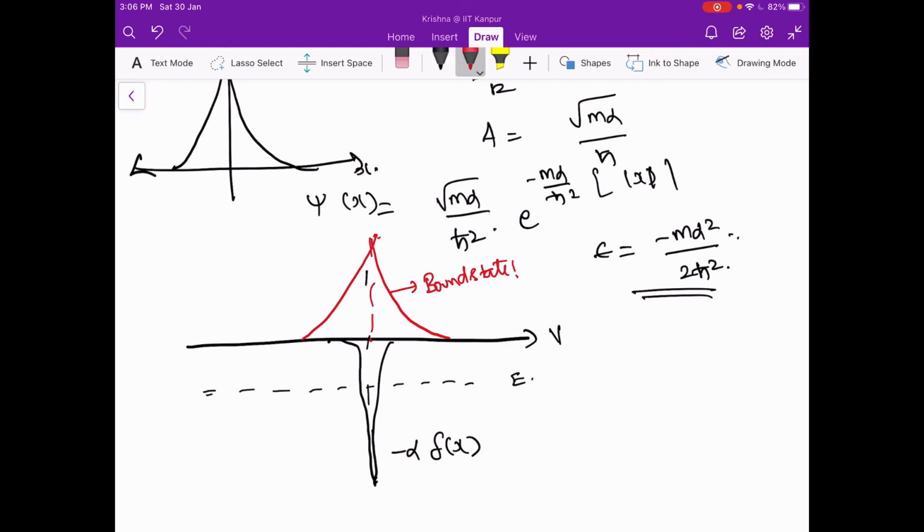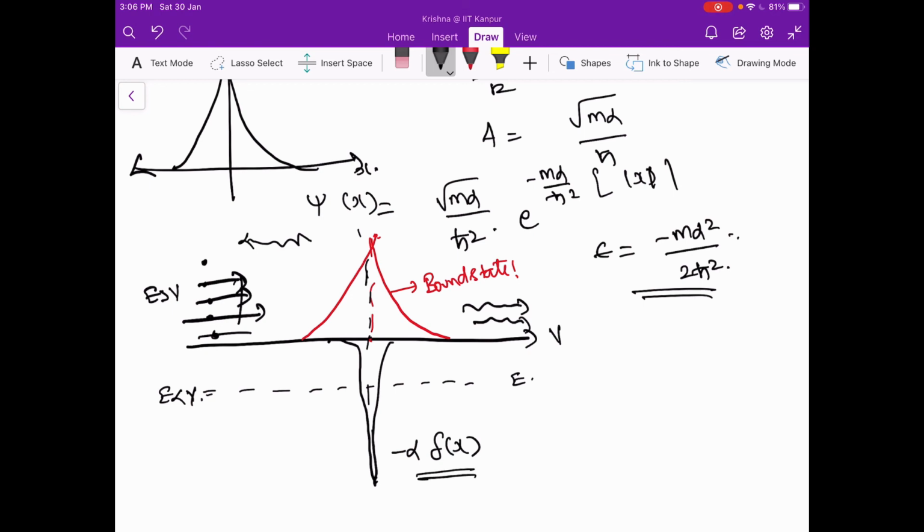And if we have energies greater than the potential, so this is E lesser than V, and for E greater than V, you have infinitely many solutions. You can have many plane waves which travel. And when they travel, you can have a particular probability of them being forward transmitted, and a probability of being reflected, which depends upon the strength of the potential.